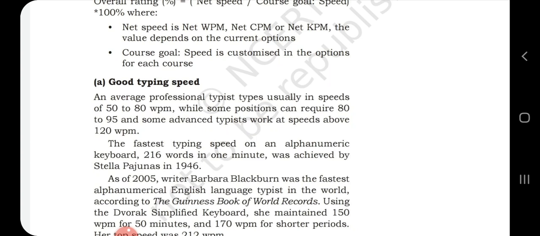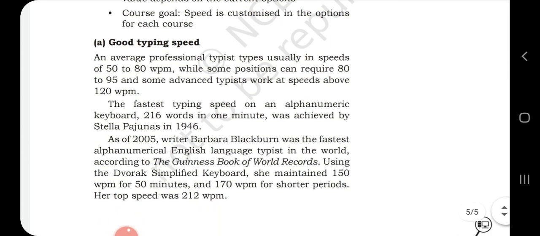Next is the fastest typing speed on the alphanumeric keyboard. Alphanumeric means alphabet plus numeric keyboard. 216 words in 1 minute was achieved by Stella Pajunas in 1946.